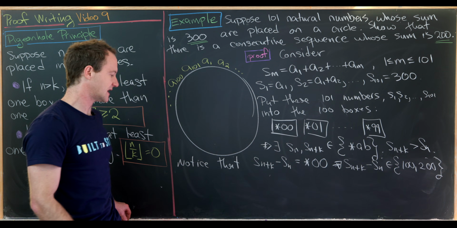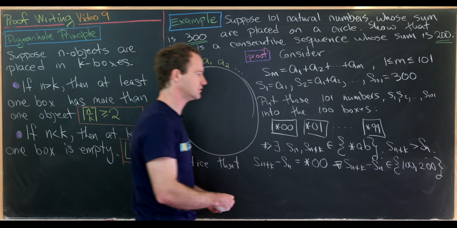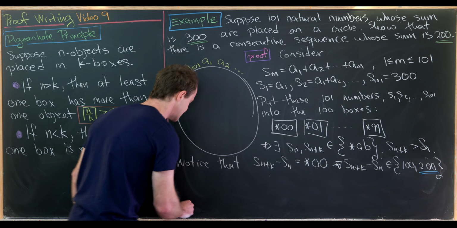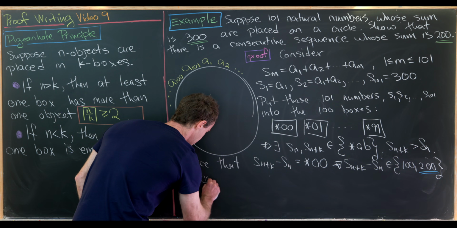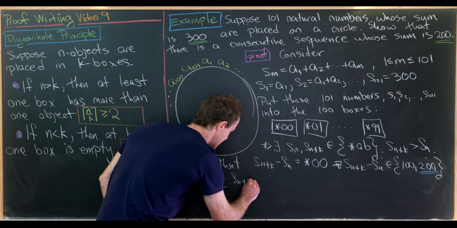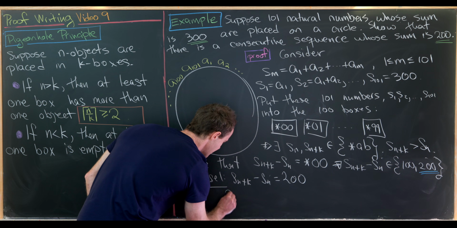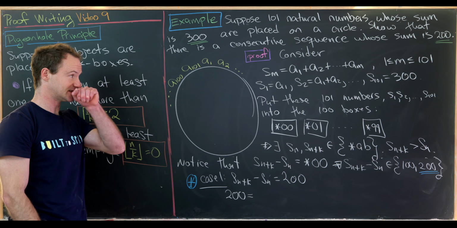That's going to break us down into 2 cases: if it's equal to 100, or if it's equal to 200. Let's look at the first case, where it's equal to 200. That one's actually easier. Case 1: S_{n+k} minus S_n equals 200.